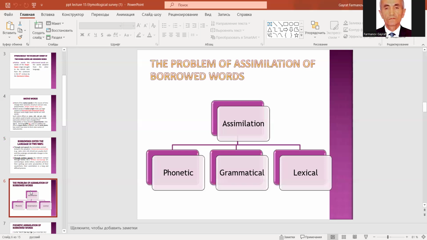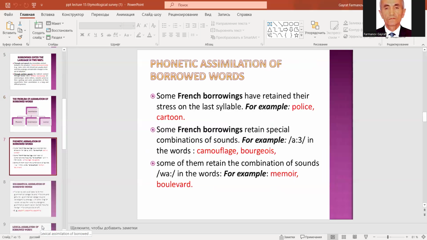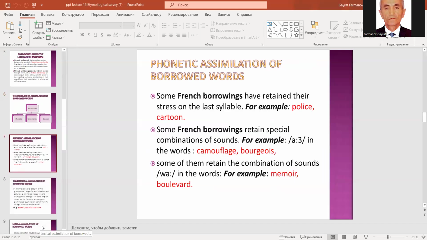The problem of assimilation of borrowed words: phonetic, grammatical, lexical. Phonetic assimilation of borrowed words. Some French borrowings have retained their stress on the last syllable, for example police, cartoon.